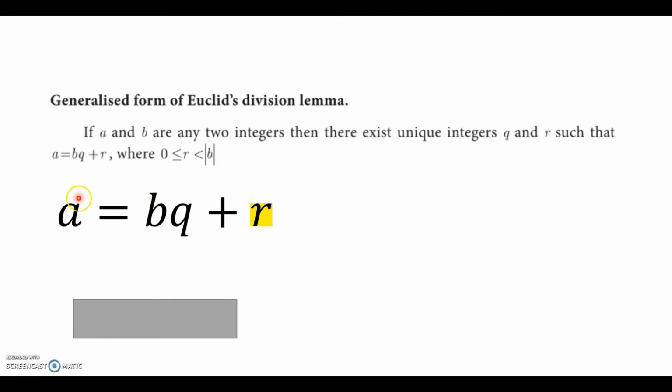Then there exist unique integers Q and R, so there are 2 other integers Q and R, such that A is equal to BQ plus R and R has to be greater than or equal to 0 and R has to be less than mod B. When we say mod B, R cannot be a negative number, it should always be positive. So this is the condition of R in Euclid's division lemma.